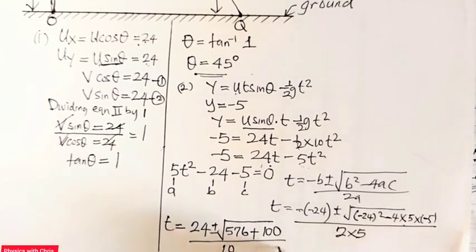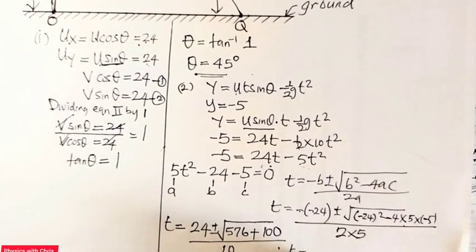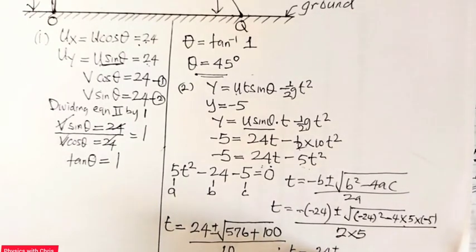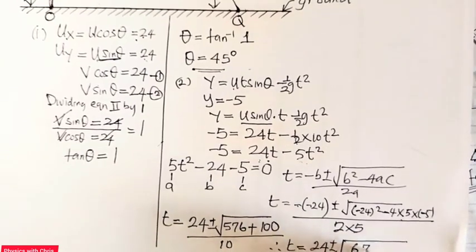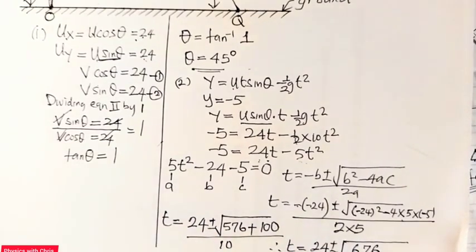So t equals 24 plus or minus the square root of 676, divided by 10.